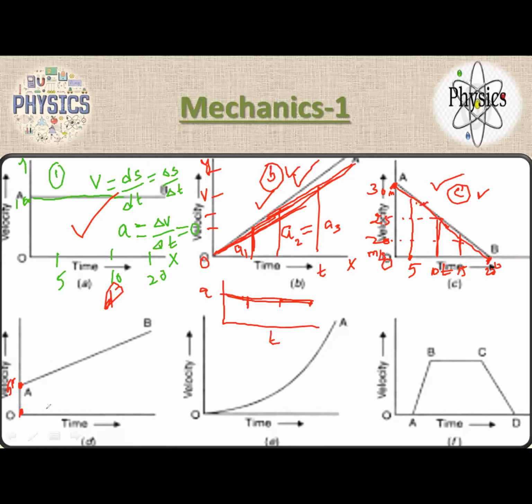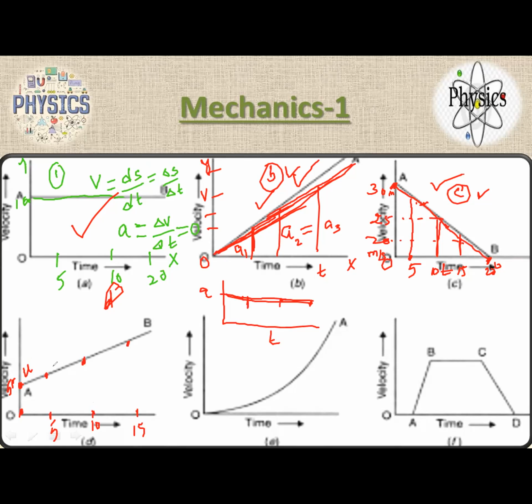Yes, sir. Let us say 5 seconds later the velocity is also increasing. 10 seconds later the velocity is slightly increasing. 15 increasing. So it has initial velocity, right? Yes, sir. So it is not at rest.